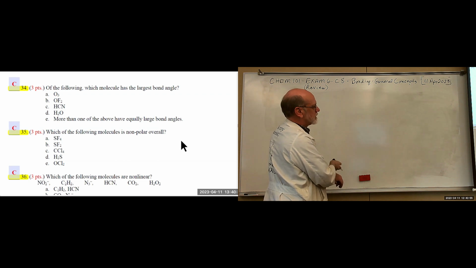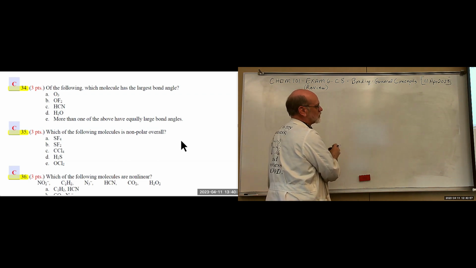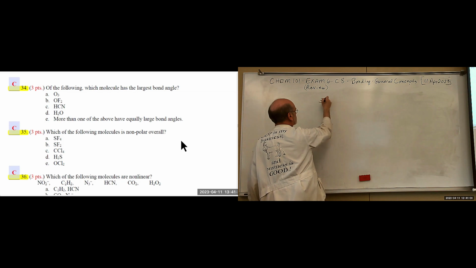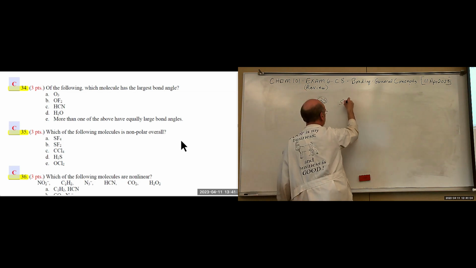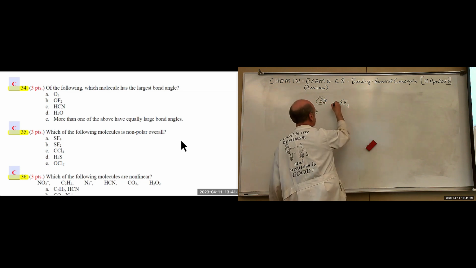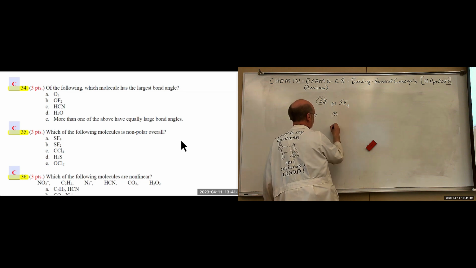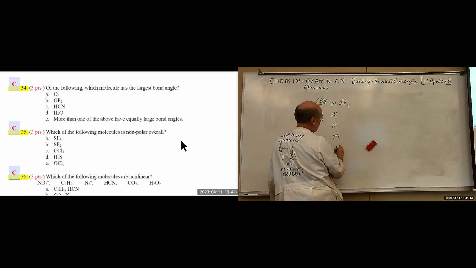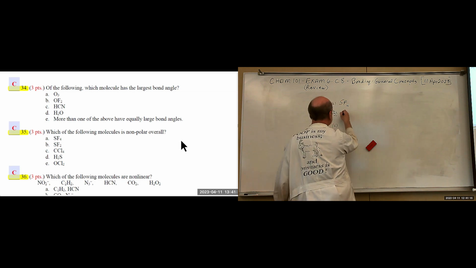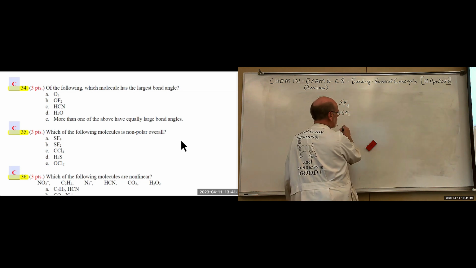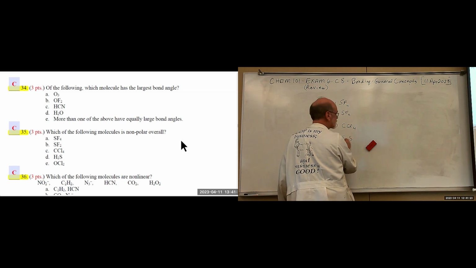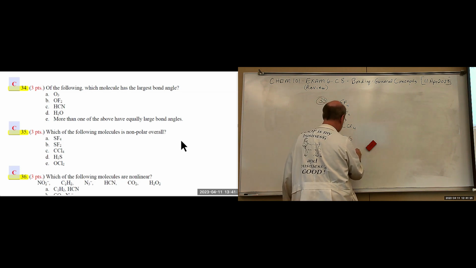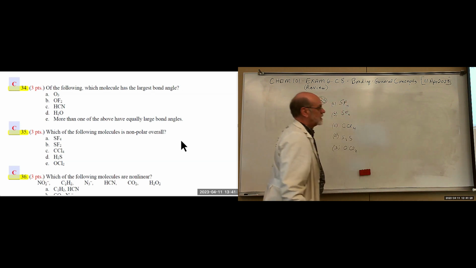All right, 30, nonpolar overall, 35. So we have SF2, CCl4, H2S, and OCl2.